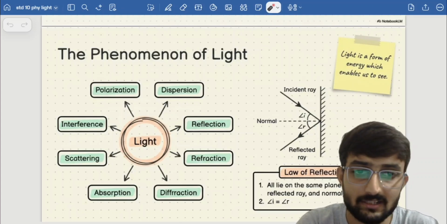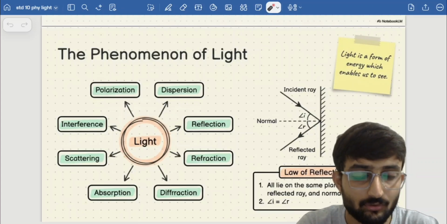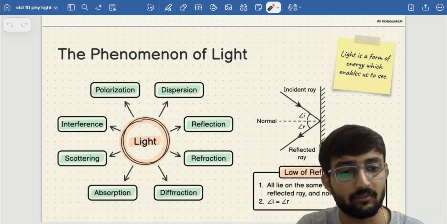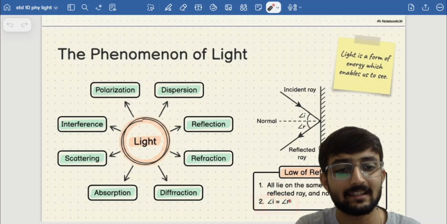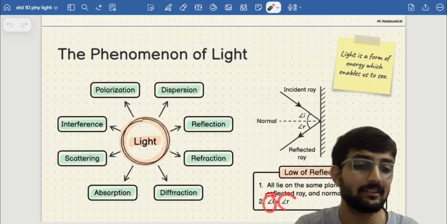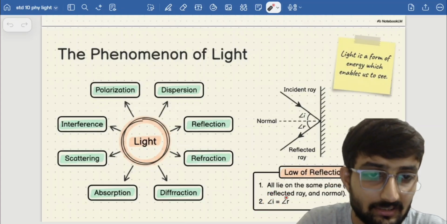There are no exceptions. So the second law of reflection gives the relation between the incident angle and the reflection angle.